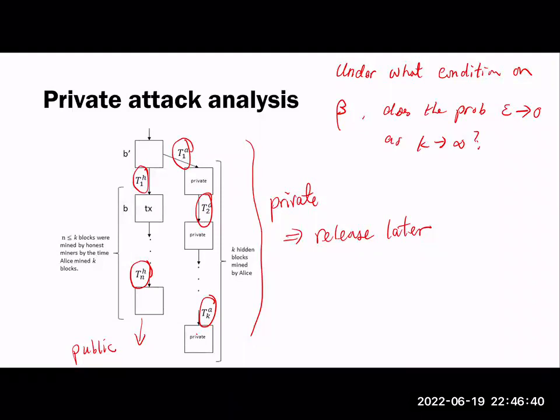Okay, let's try to answer this question, and then we'll continue tomorrow. Under what condition on beta? So, reminder, what is beta? Beta is the adversarial fraction. So what do you think? What's the condition?